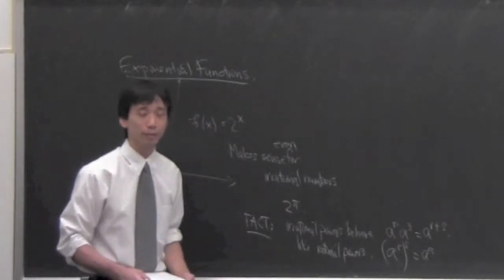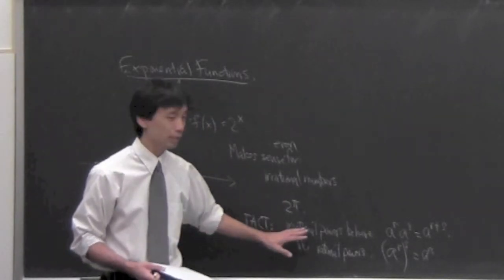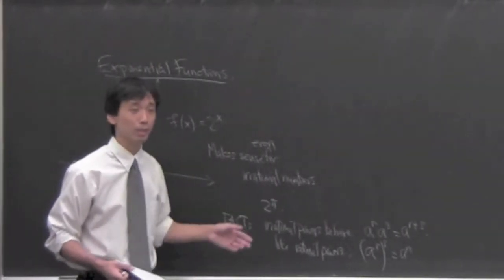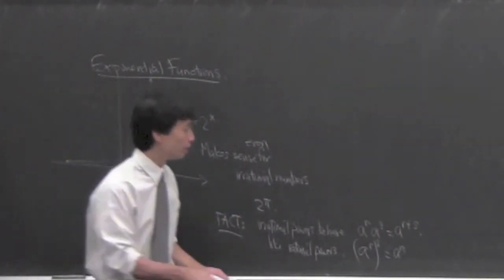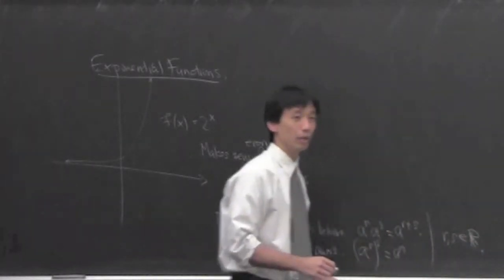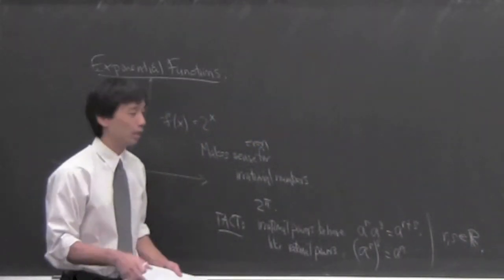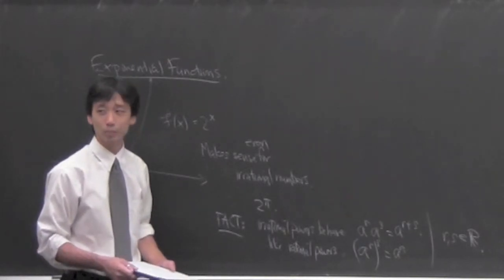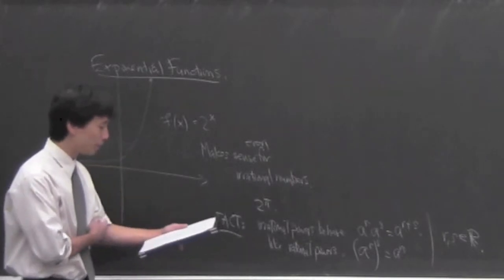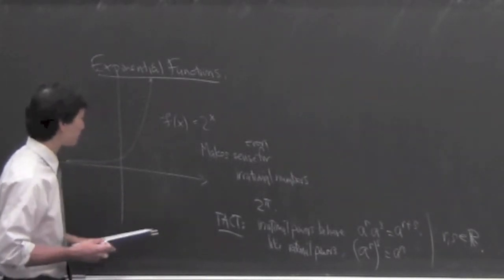The two properties of exponents that you have in the old sense still hold when you extend it to all real numbers, rational and irrational. So for r and s any numbers in R, not just rational numbers or whole numbers. Okay, so that's where we stopped last time.